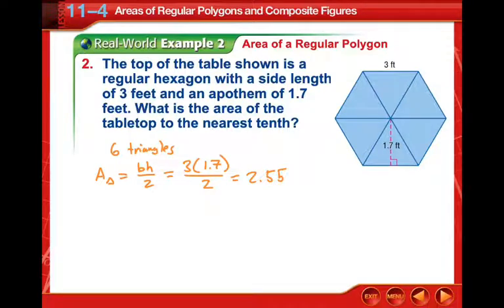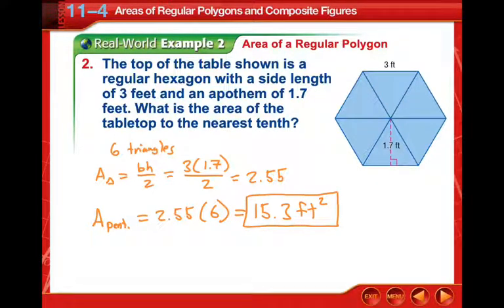So that's the area for one triangle. So then we multiply that by the number of triangles there are. There's 6. So the area of the hexagon is going to be that 2.55 times 6, which comes out to be 15.3. It does say to round to the nearest tenth, so 15.3 feet squared.